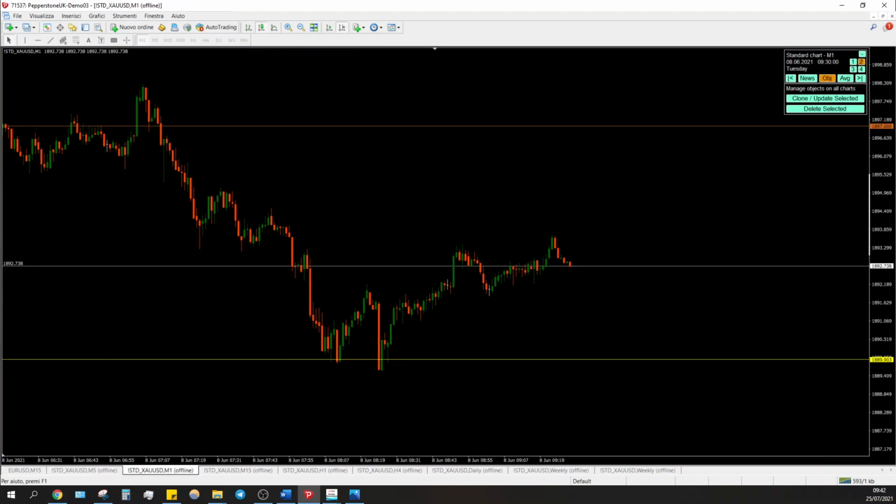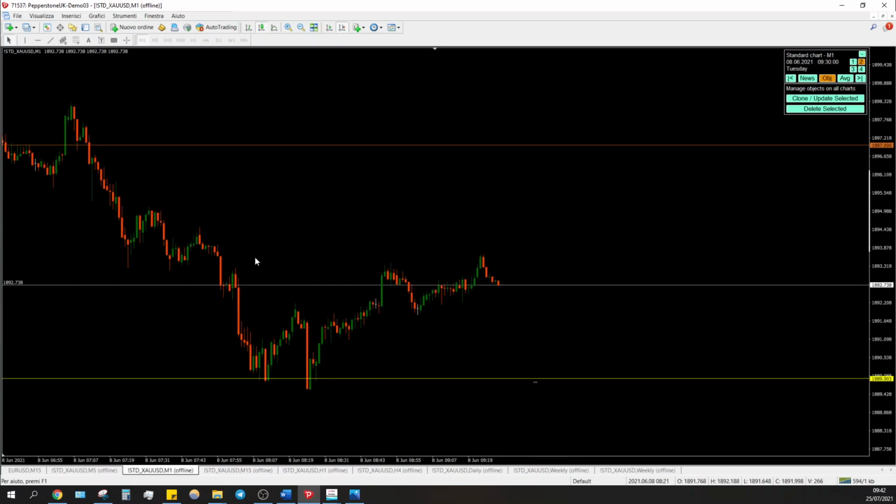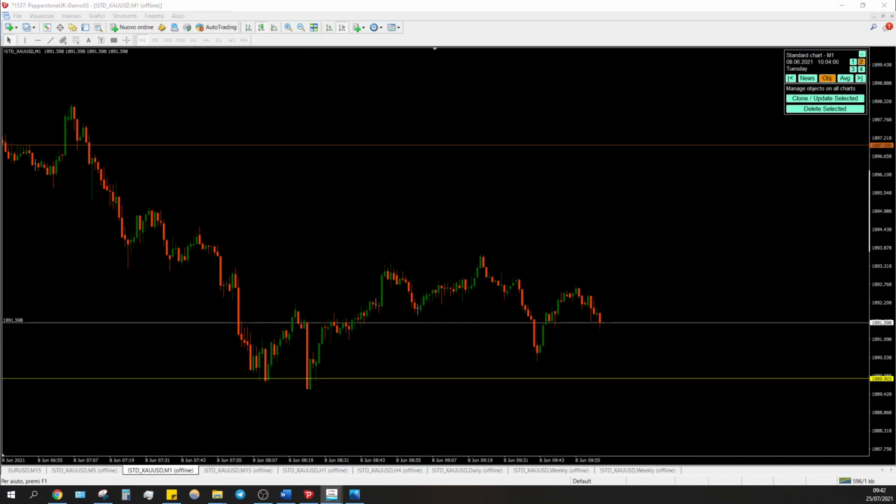The other setup that we are going to see is the break of the order block. So let's jump fast to that. So as you can see, we are creating an order block. Perfect.